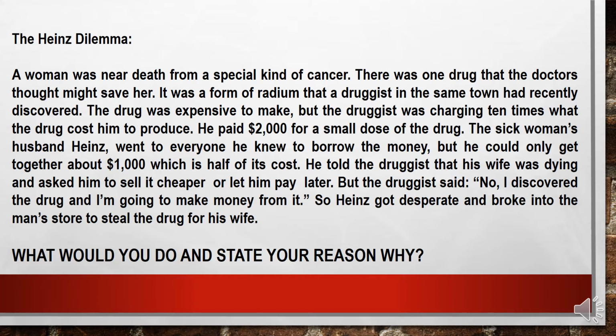So Heinz got desperate and broke into the man's store to steal the drug for his wife. The question here is, what would you do if you were in the position of Heinz? Will you do the same and steal to save your partner's life? Or will you just let your partner die because you know that stealing is a crime and you will be punished by the law? Now prove your answer.